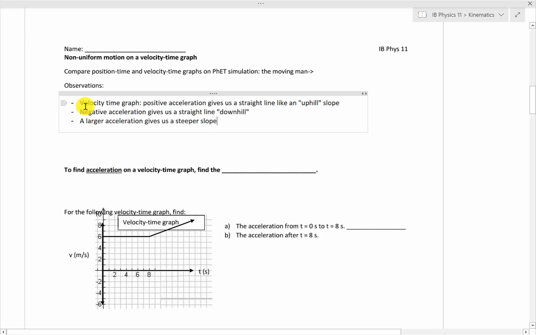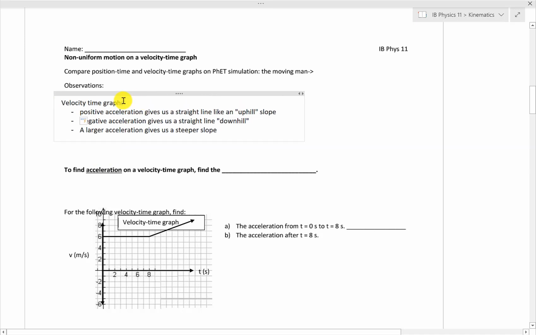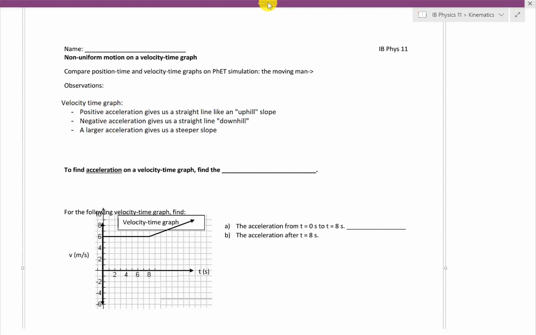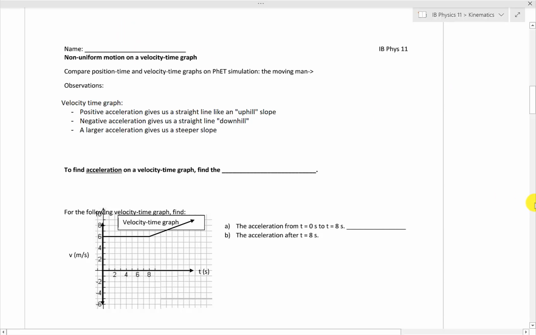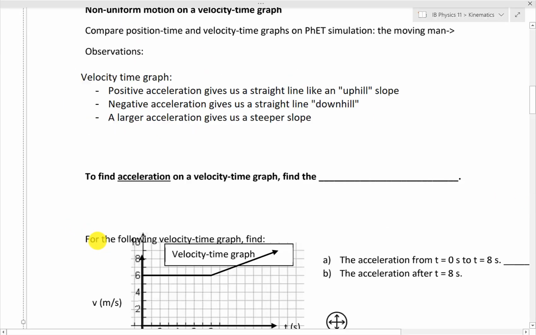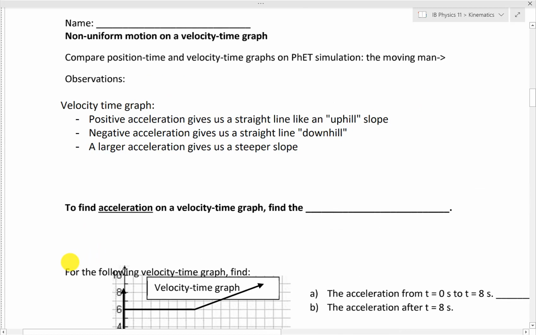Okay, so I'm just going to change up these notes so it's a little bit clearer. We're talking about velocity time graphs. Okay, so these are our observations. And based on our observations, I want you to notice one thing: on a velocity time graph, the acceleration is described by the slope.